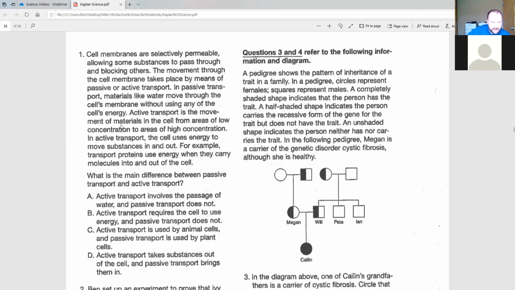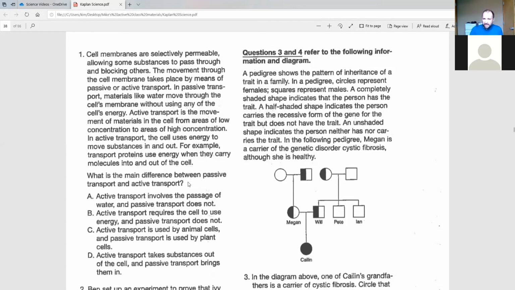Active transport talks about using energy to move substances in and out. So the fact it even says in and out means that D is false, because active and passive transport can go both ways. They can both go in and they can both go out, right? And so the right answer here is B. Active transport requires the cell to use energy.